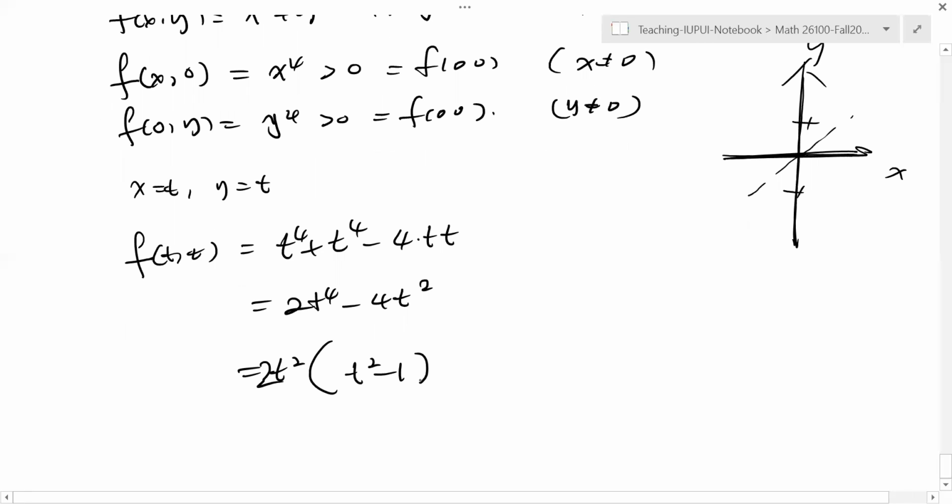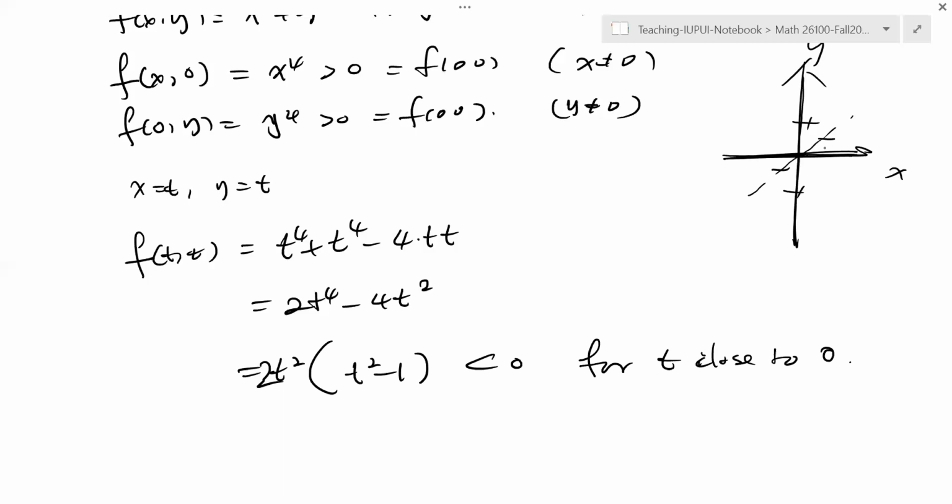Aha, now I can make it negative. Why? When t is small, this is negative, for t close to 0. So that means here it is negative. Somewhere positive, somewhere negative. So the value of the function at the origin is not a local maximum or local minimum.